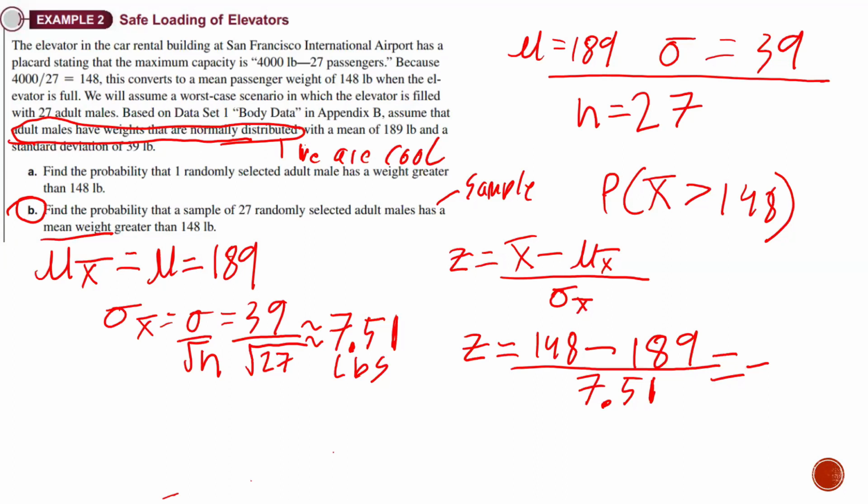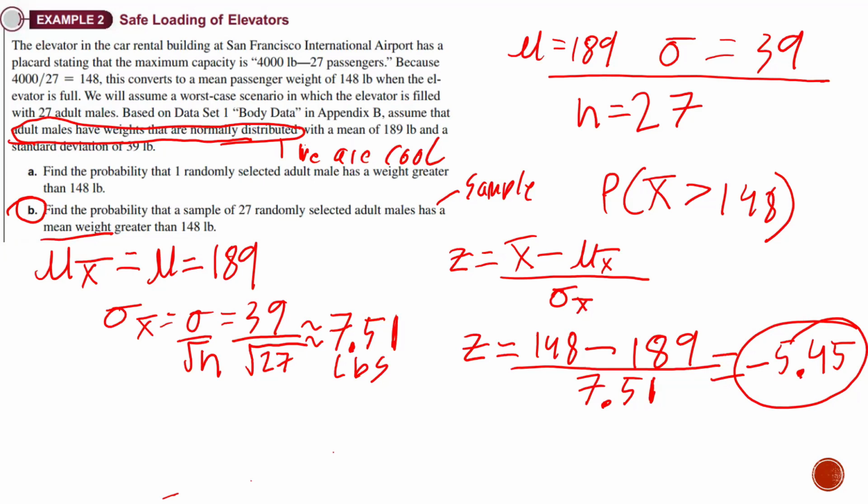If I do this, I get a z-score of negative 0.54, right?